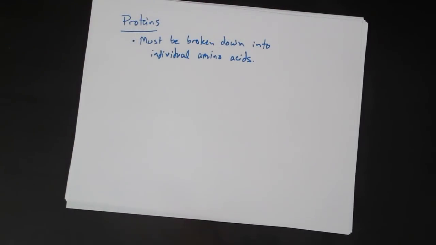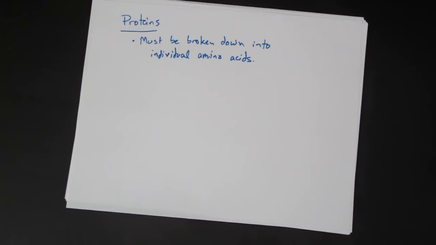Right? They have to be broken down into their individual amino acids. We don't normally metabolize protein. We will metabolize a little bit of dietary protein, but unlike fats or carbohydrates, during long-term exercise we don't typically rely on protein stores for fuel.